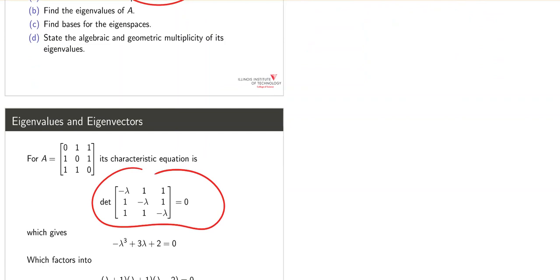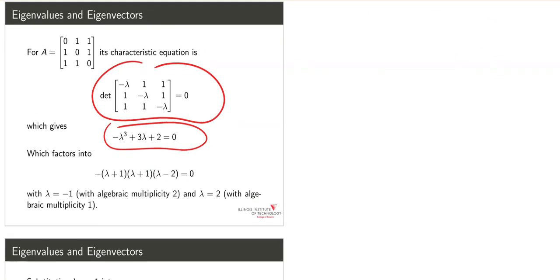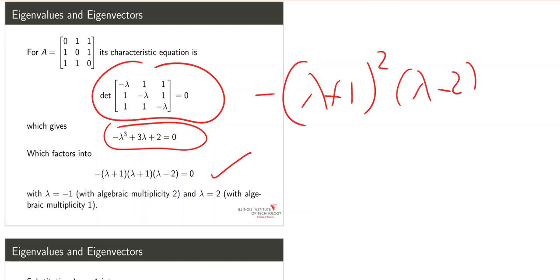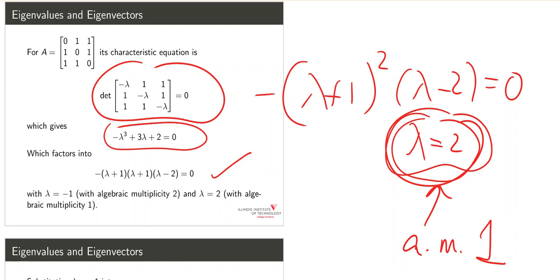As I said, if you expand it out, it will be a polynomial of degree 3, which can be factored into this. So you have a characteristic polynomial that looks like this. Immediately we know lambda equals 2 is an eigenvalue with algebraic multiplicity 1, because as a factor in the characteristic polynomial, it appears only one time.